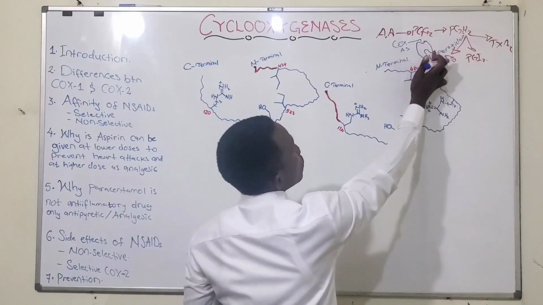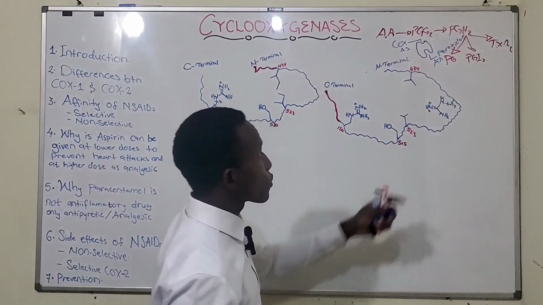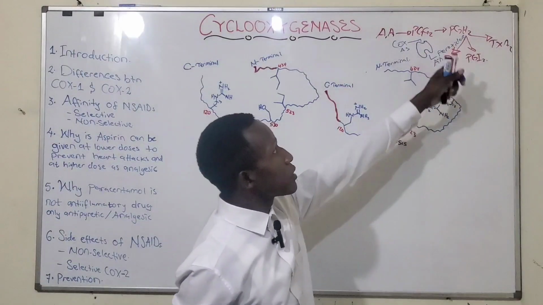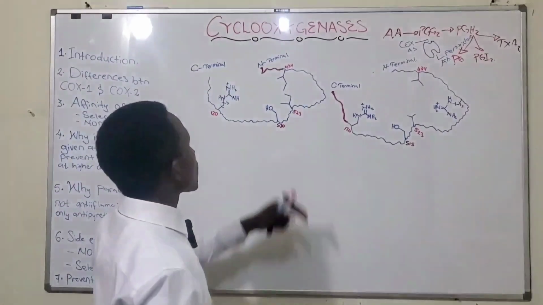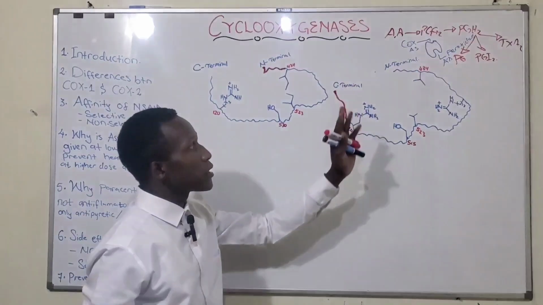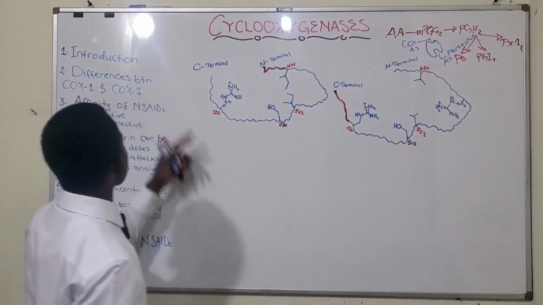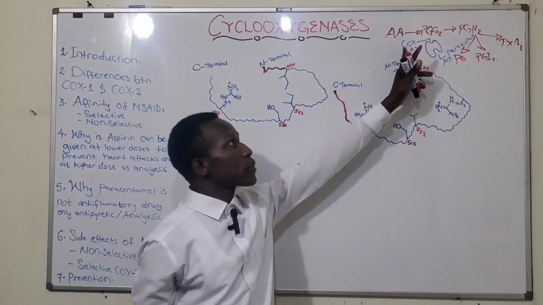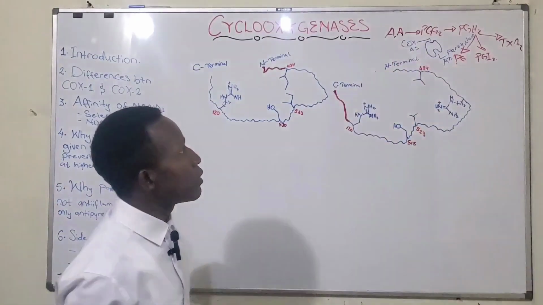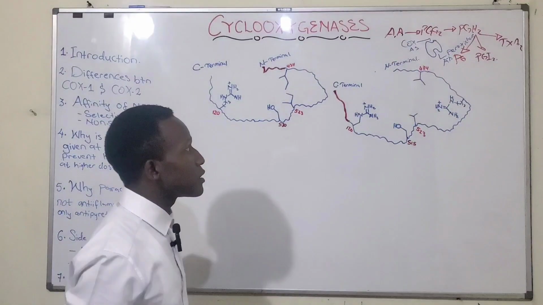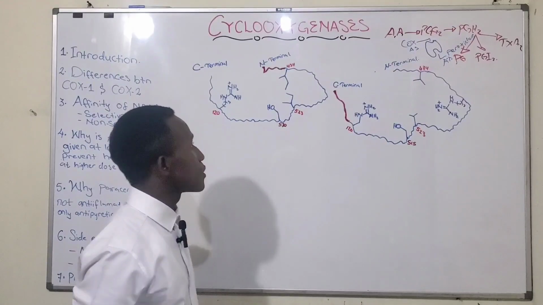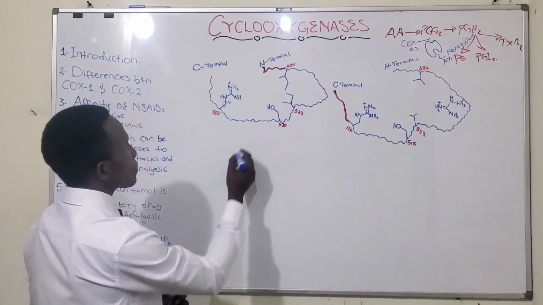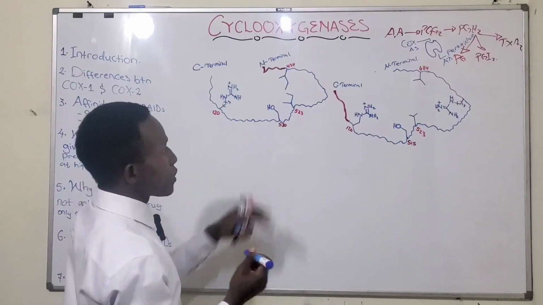Then it goes to the peroxidase active site, where it's converted to prostaglandin H2. So that's the cyclooxygenase. Now, the difference between COX1 and COX2: we have COX1 and COX2, but they are a bit similar, just with a few differences. COX1, these are the structures.